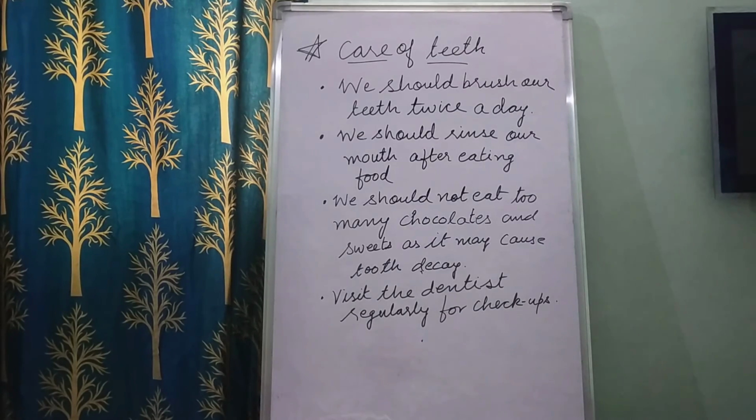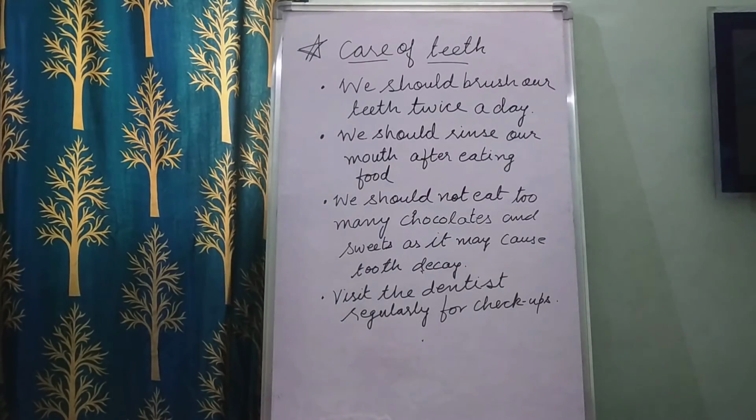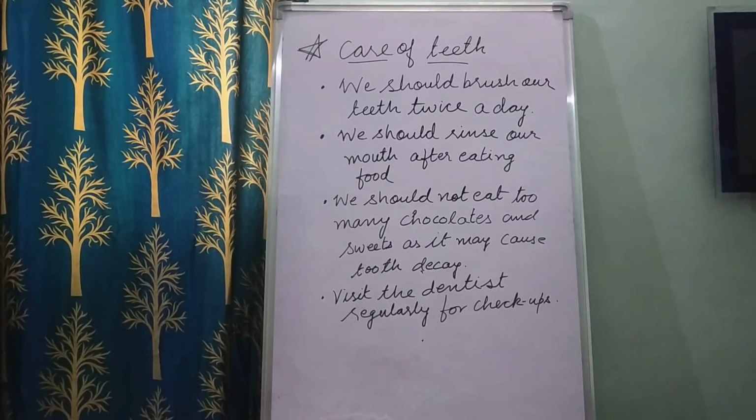Milk and milk products such as curd and cheese are rich sources of calcium, so you should take these things, because calcium will make our teeth healthy and strong. Eating fruits and salads also helps in keeping our teeth healthy. We should eat lots of fruits and salads, and that will keep our teeth healthy.